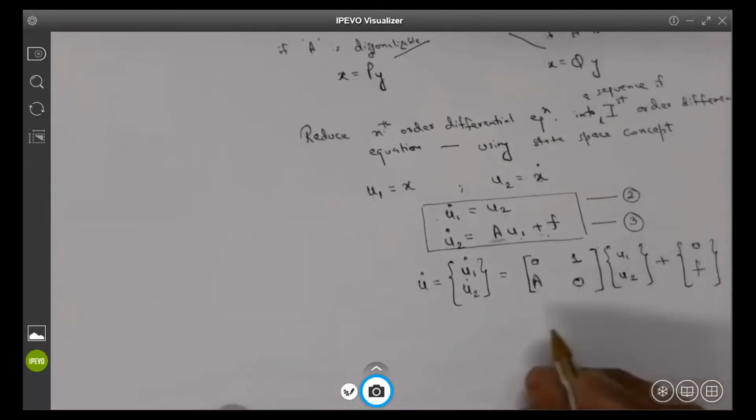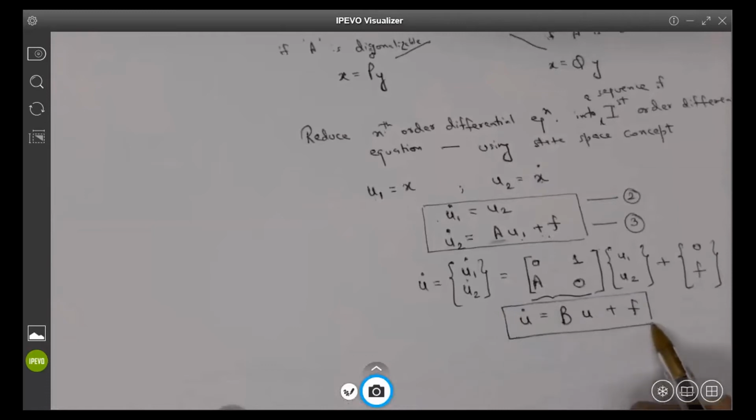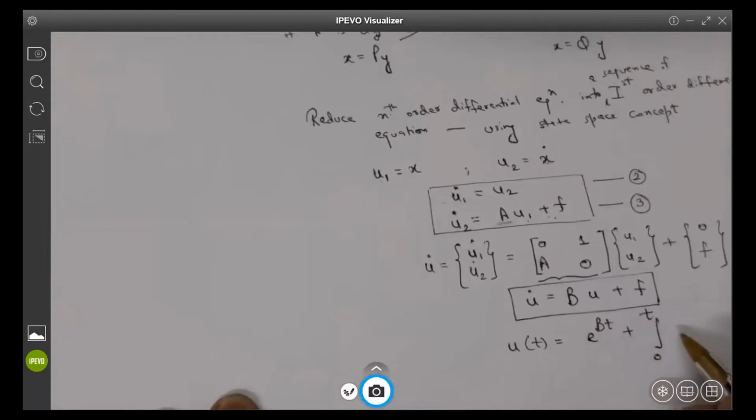Okay, so with that said, this becomes u dot is equal to this whole matrix, let's call that B, times u plus F. And the solution for this first order ordinary differential equation is given by u of time t is equal to e to the B t, plus the integral from 0 to t of f of tau times e to the B (t minus tau) d tau.